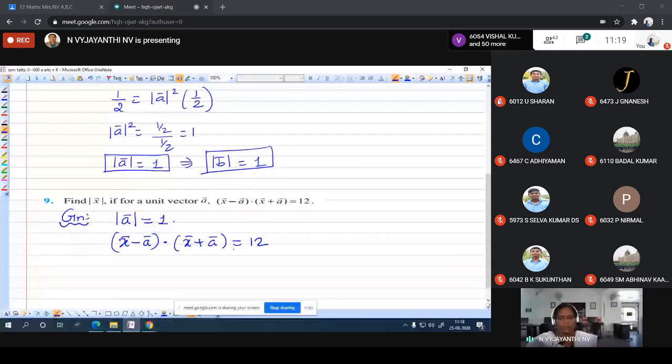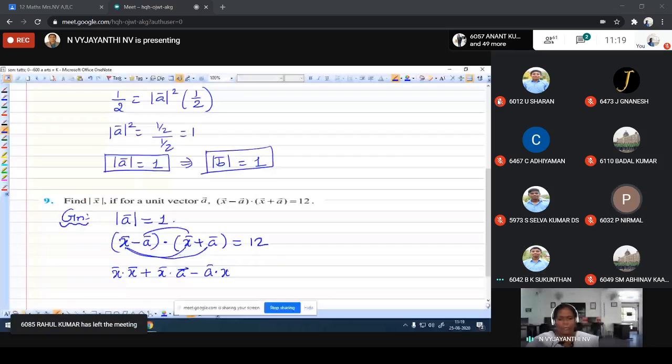So what is x dot x? Modulus of x square. x dot a, minus a dot x, minus x dot a, minus a dot a, minus modulus of A whole square.